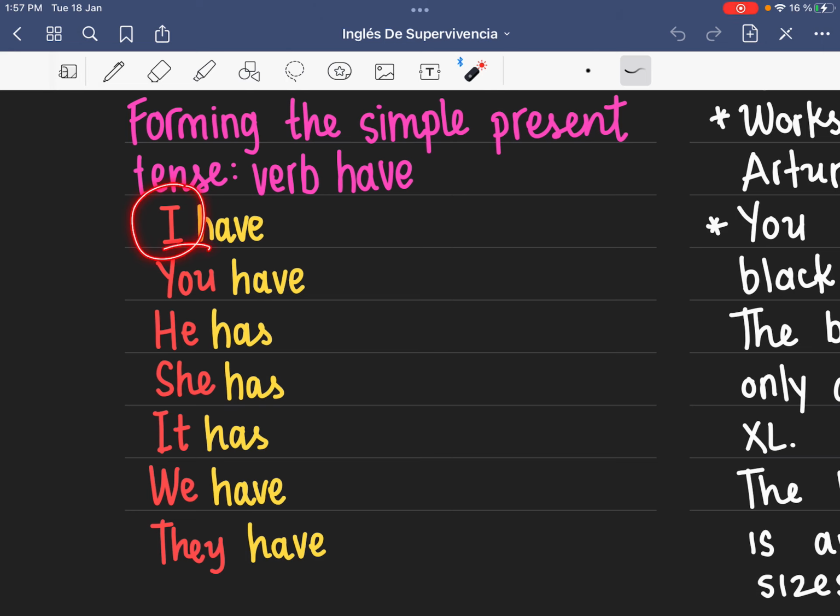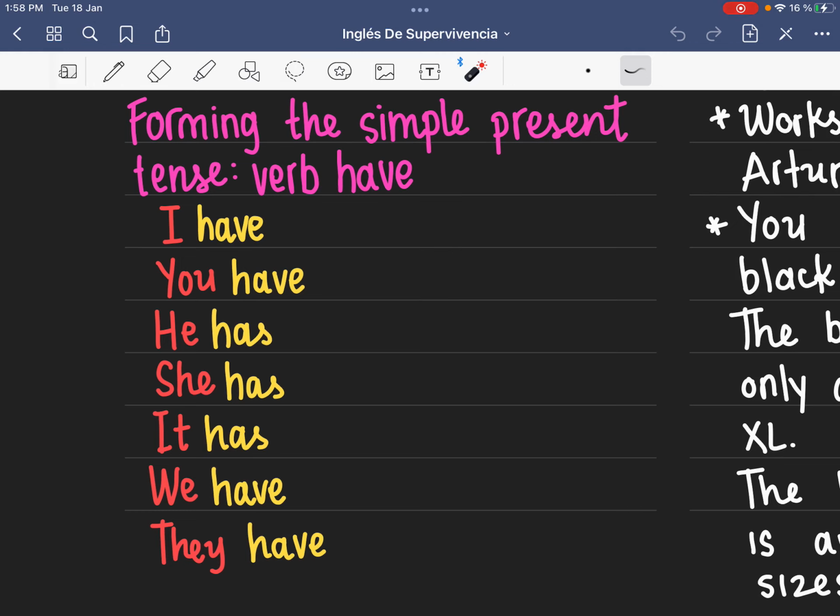What are these? ¿Qué son estos? ¿Me recuerdan? Páusenme. Y si quieren vuelven a otro video para decirme qué son estos. Son subjects. They're subjects, sujetos. And more specifically, y más específico, son sujetos pronombres. Subject pronoun. So depending on the subject, I'm going to conjugate the verb.